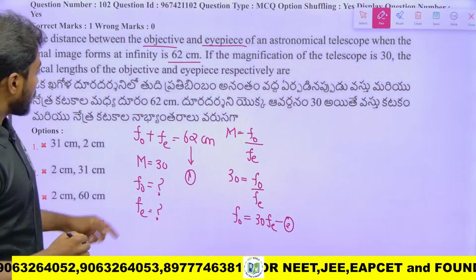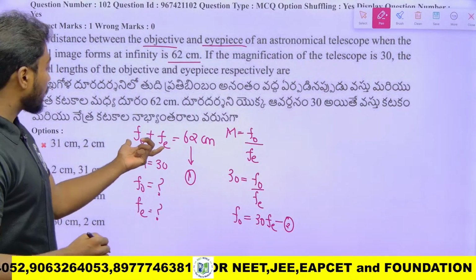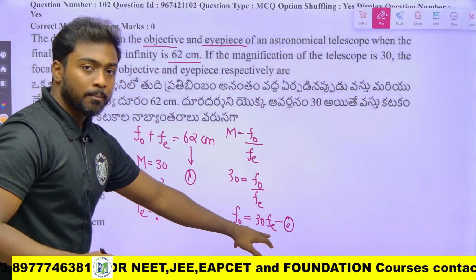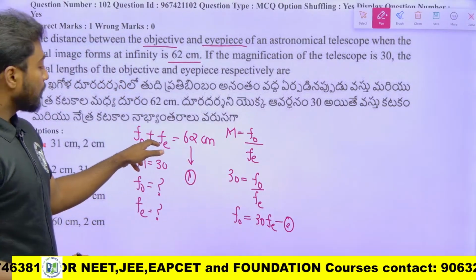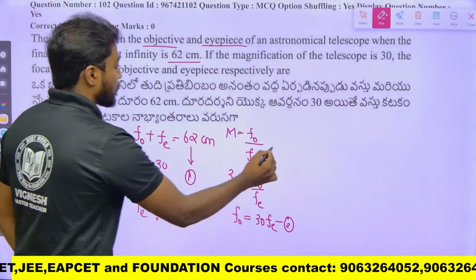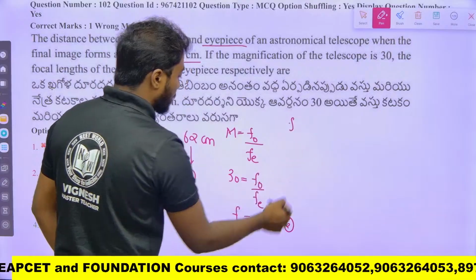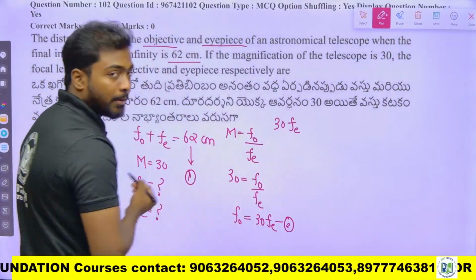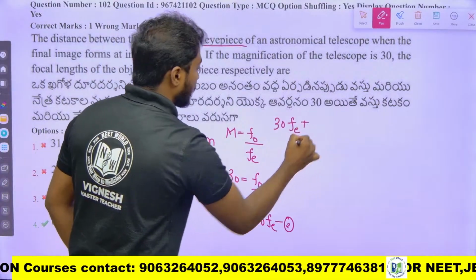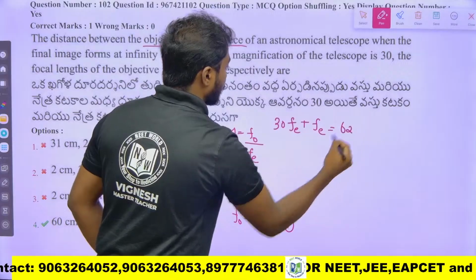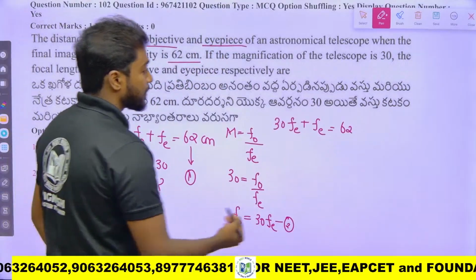Now I have got equation number 1 and equation number 2. From equation number 2, I can put in equation number 1, so I can get any one term. So f naught, that is focal length of objective, is 30 times the focal length of eyepiece, plus fe equals 62 centimeter.